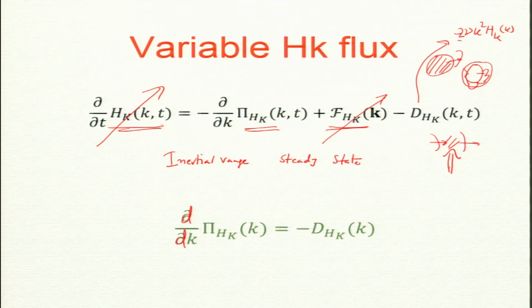So, flux will change because of dissipation. Now, if dissipation is weak in the inertial range, then this becomes 0 and then Pi Hk will be constant, similar to what happens for kinetic energy. Kinetic energy flux is constant. Okay. So, this is what we get.